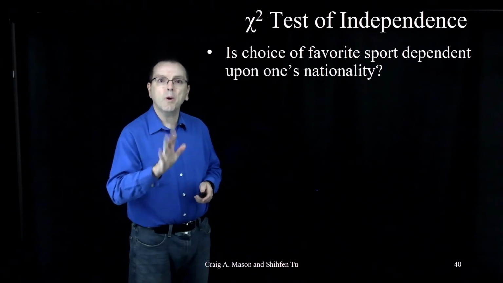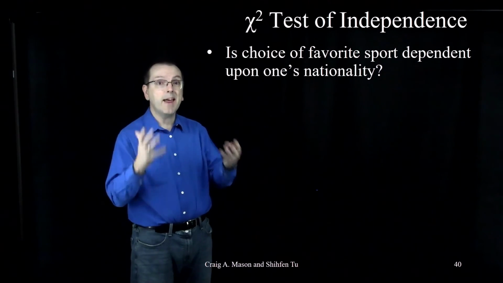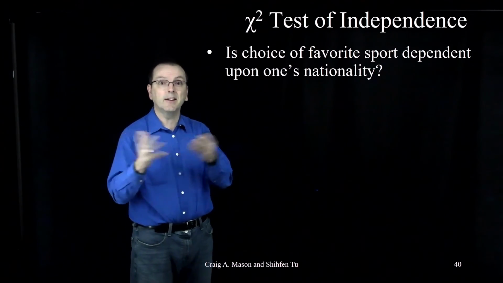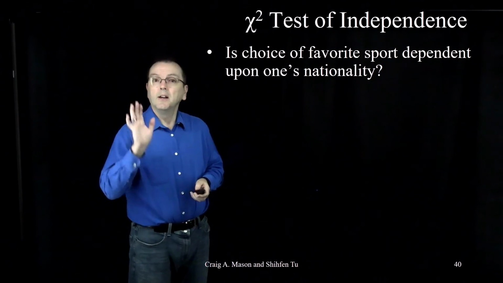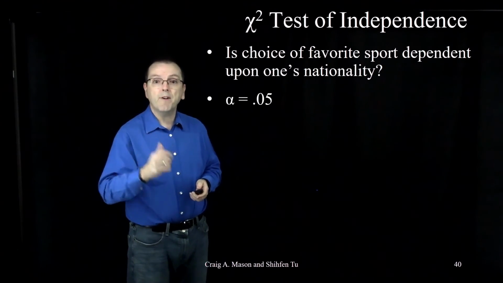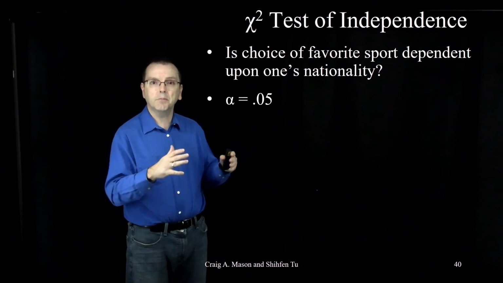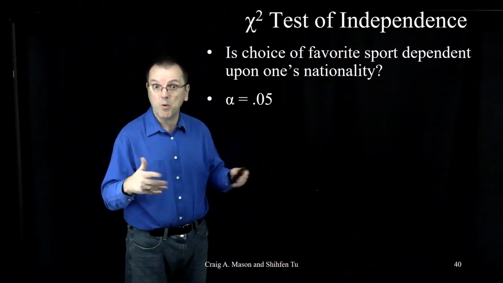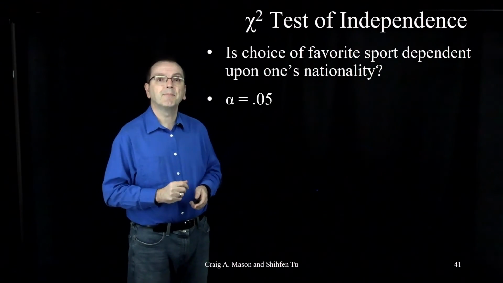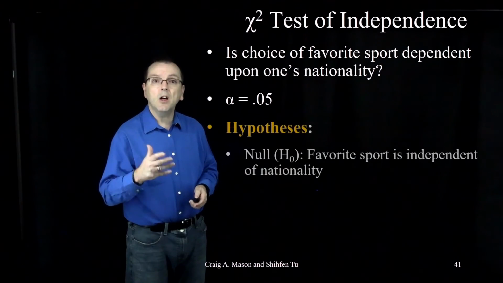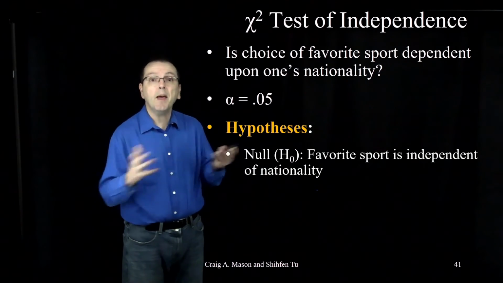All right, so let's summarize what we've done. Our research question was whether a person's favorite sport was dependent on their nationality, living in the US or Canada, to be precise. We set our alpha at 0.05, meaning we were comfortable committing a type 1 error, rejecting the null even when it's in fact true, only 5% of the time. Our null hypothesis is that sport and nationality are independent.